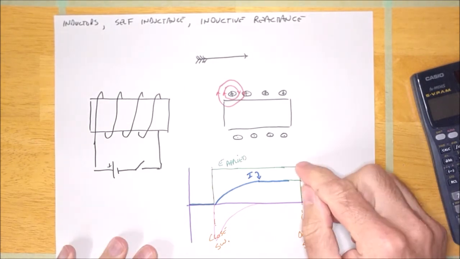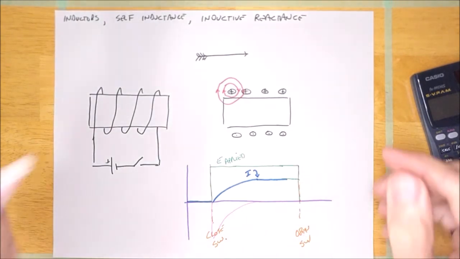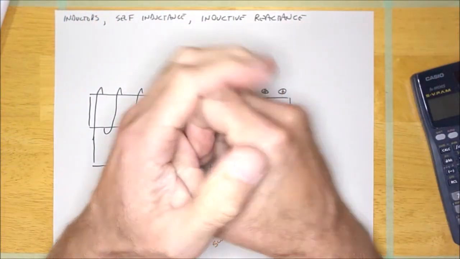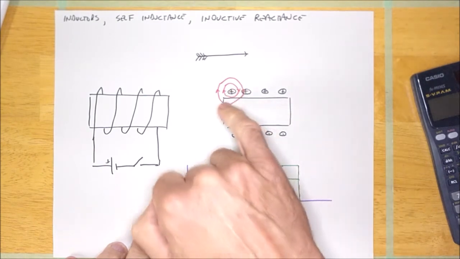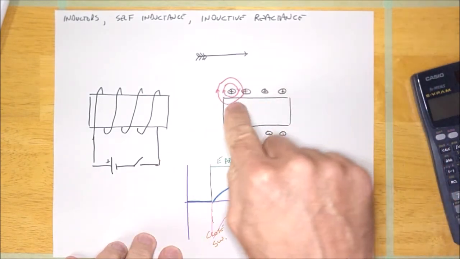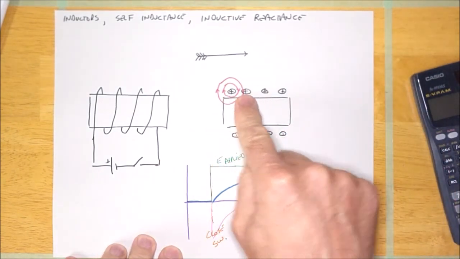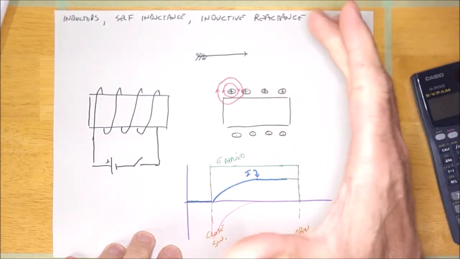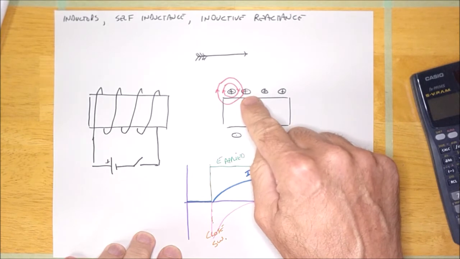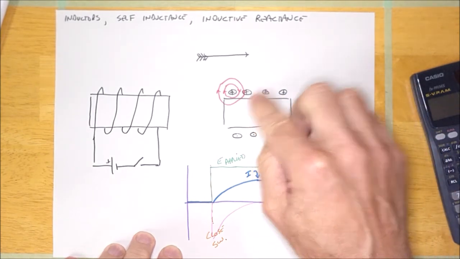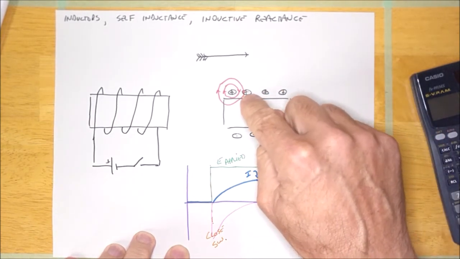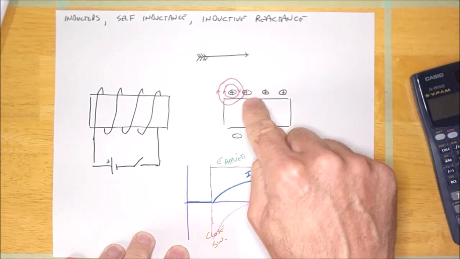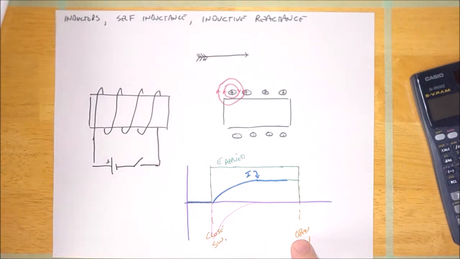Now, as soon as the applied voltage goes down, this magnetic field is going to slam back down. And if the magnetic field from this conductor slams back down towards it, it's once again going to cross the conductor that's adjacent to it. And if I apply all my right-hand rules, guys, I'm going to find out that the voltage induced into this conductor, because that magnetic field is crossing it, is going to be in the same direction as the applied.